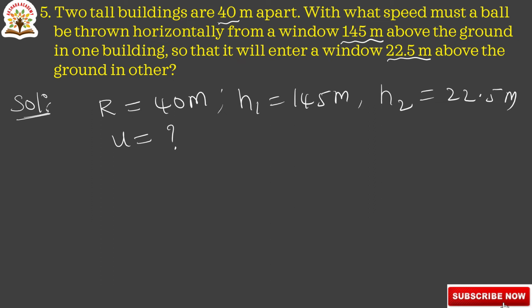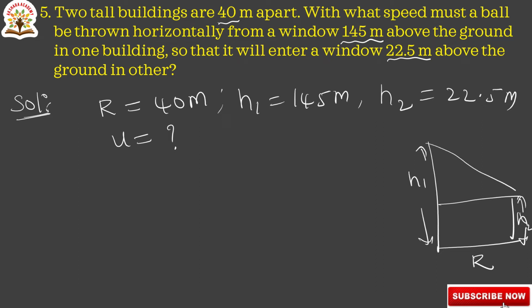We have to calculate. This is the tall building and this is the other tall building, and these two are separated by r. Here from here to here we are taking h1, and this is h2, and the velocity of projection is u, and this height is h.